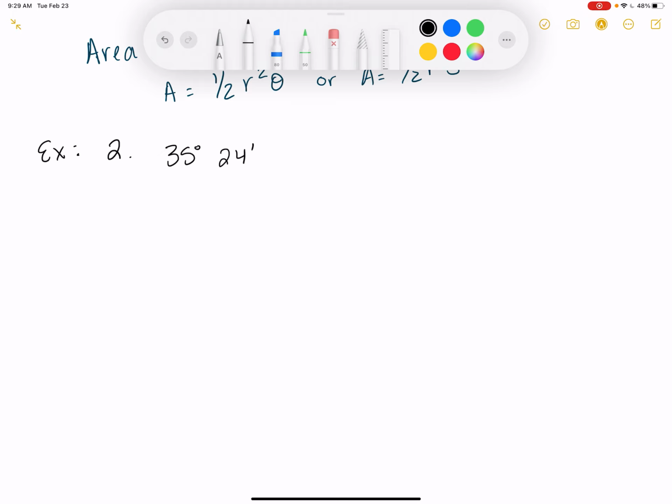No. When we say decimal, it still basically stays in degrees. We just need the minutes and seconds turned into a decimal. So taking 24 divided by 60? Yep. So this will be 35 degrees plus 24 divided by 60, and that'll give us degrees.